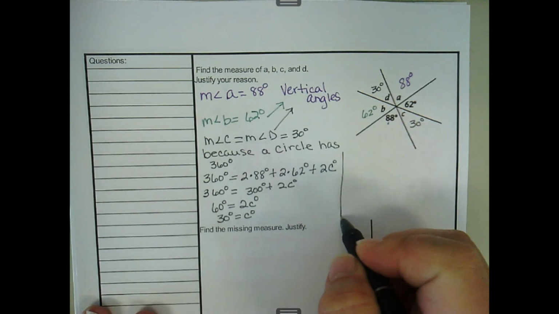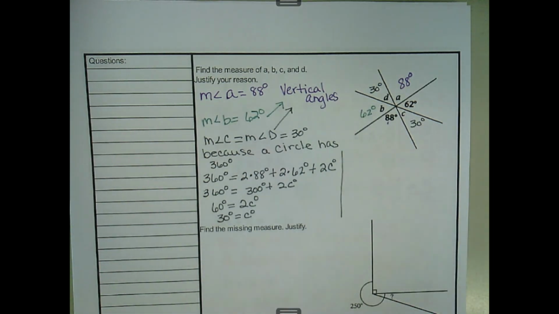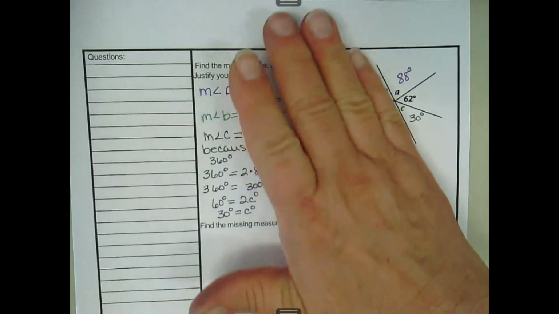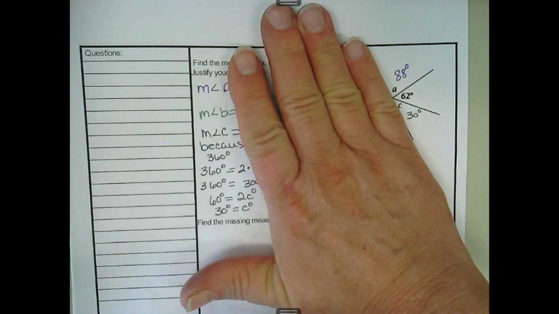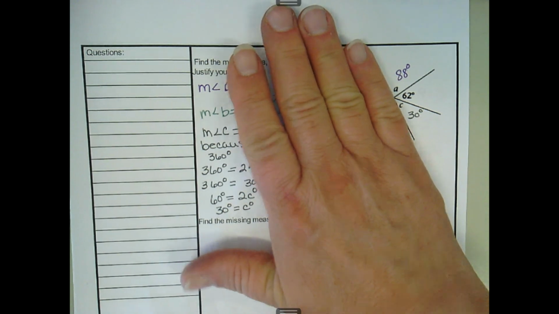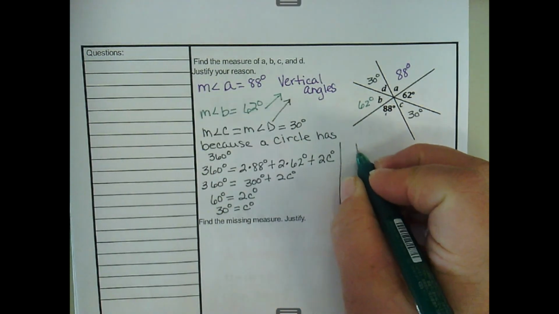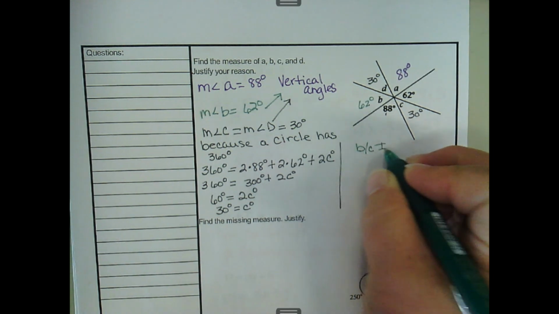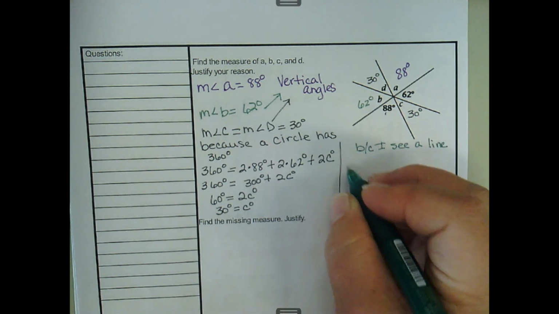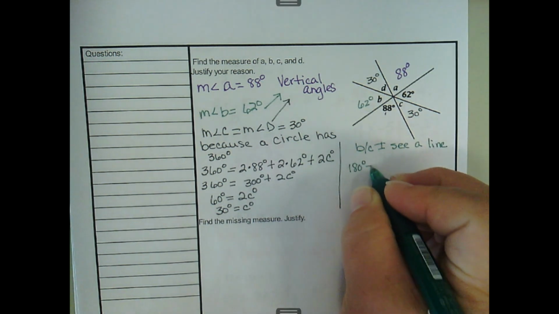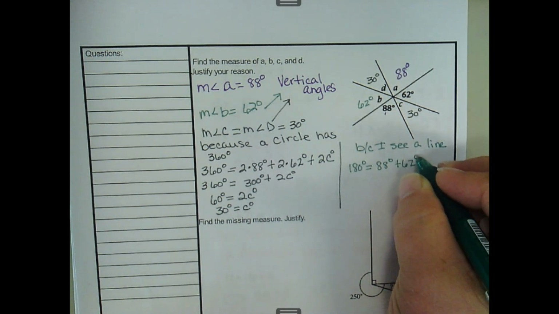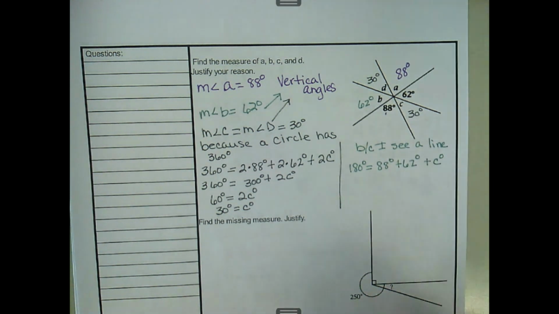Okay, so how many of you saw it as a line? Because there's also a line there, and you could have seen that. If I'm looking, I would be setting it up with 88, 62, and C. We've already written it in, so we do know what the answer is, because I see a line. 180 degrees is equal to 88 degrees plus 62 degrees plus C degrees.